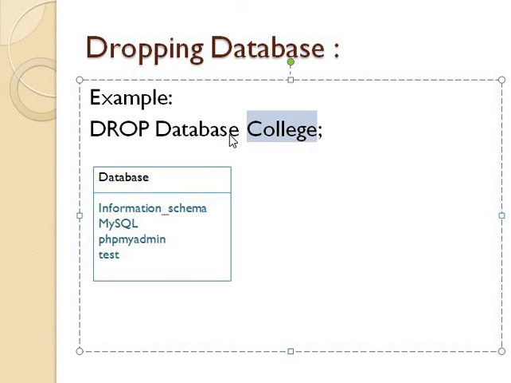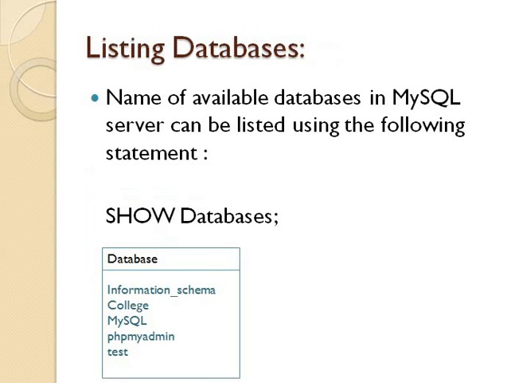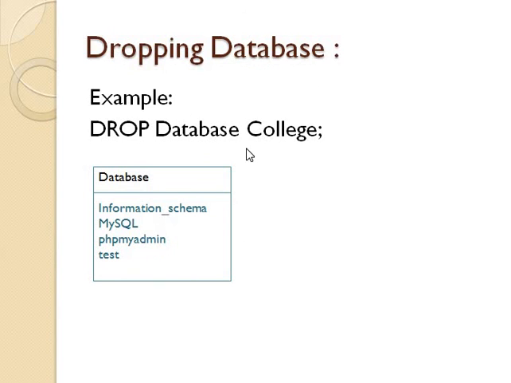So once you execute this statement, you won't see the database named college in the directory, which initially was added into the list of databases. But now, after having been deleted, it's not visible in the directory.